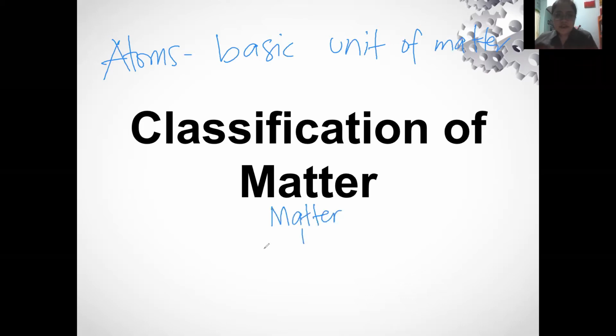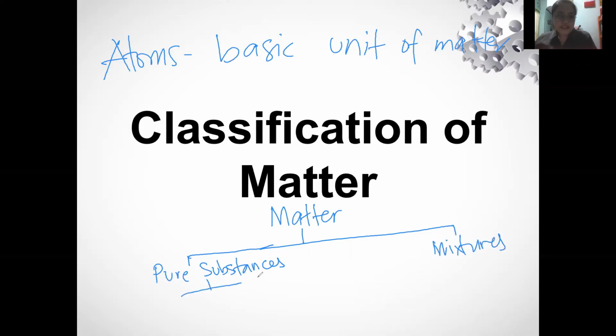Matter is classified into two: pure substances, and on the other side, mixtures. Under pure substances, we have two types: the elements, and the compounds.